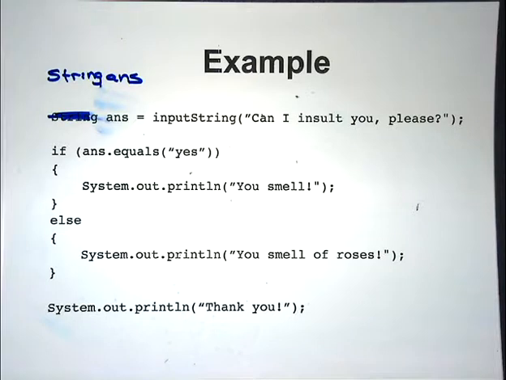Dot equals is really a method call that just gets you an answer, but it gets a special kind of answer. It's an answer that's a Boolean. So a Boolean is just a type. Instead of integers, which are 1, 2, 3, 4, Booleans have two values, true or false. They can be nothing else other than true or false. So what you put there is always a question with the answer true or the answer false, one or the other.